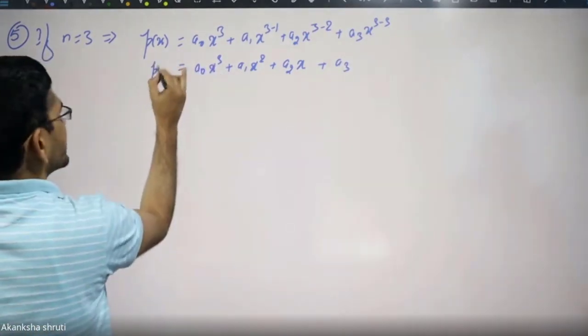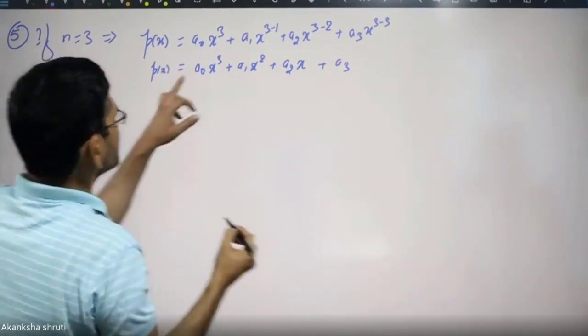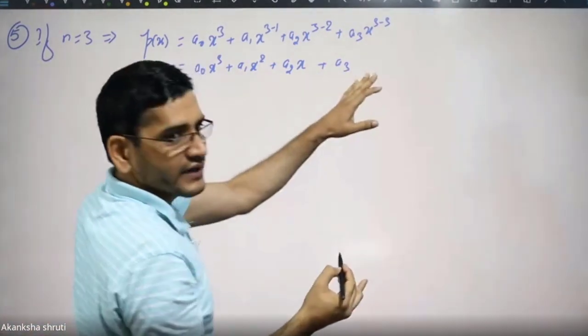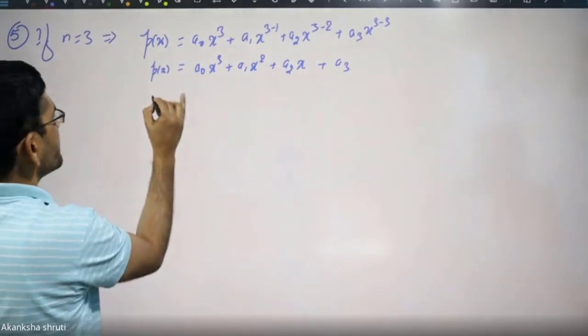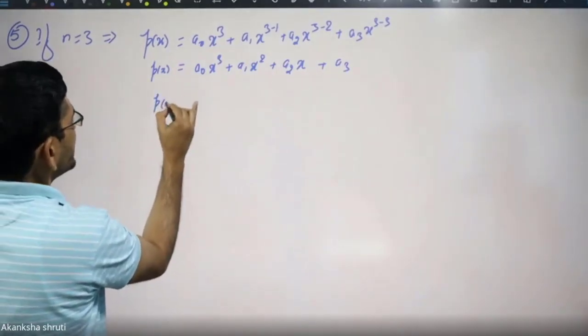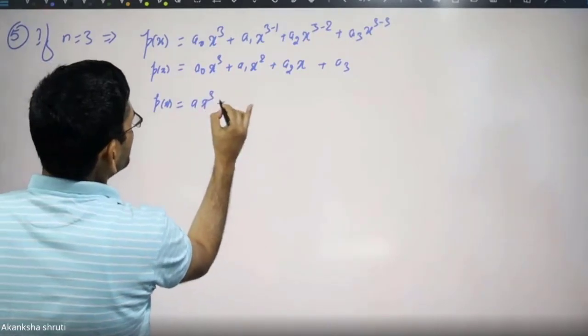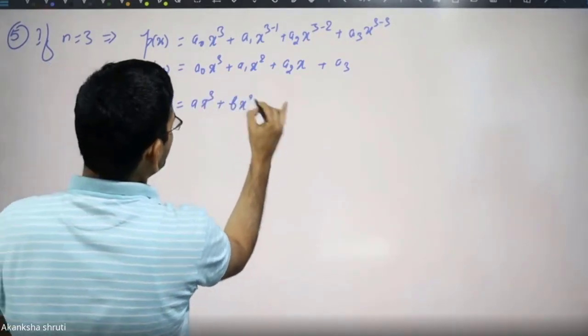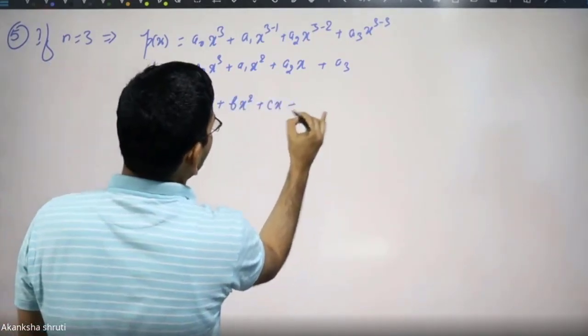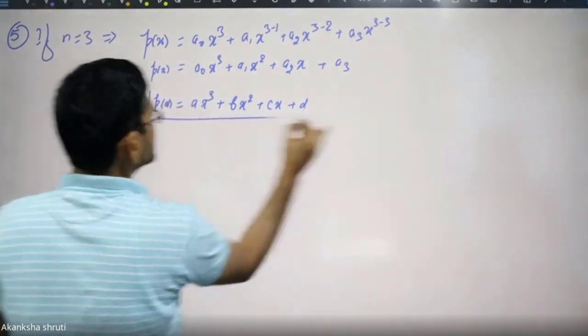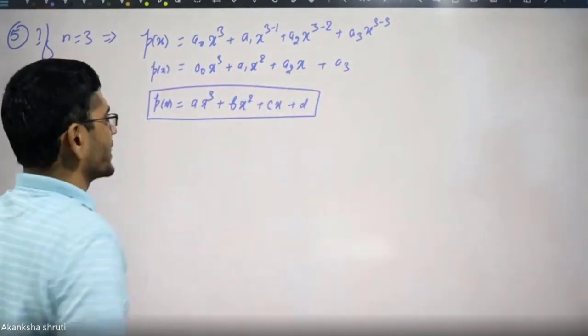To remember, instead of a0, a1, a2, we write these coefficients as simple a, b, c. So the polynomial is ax cube plus bx square plus cx plus d. This is the general form of a polynomial.